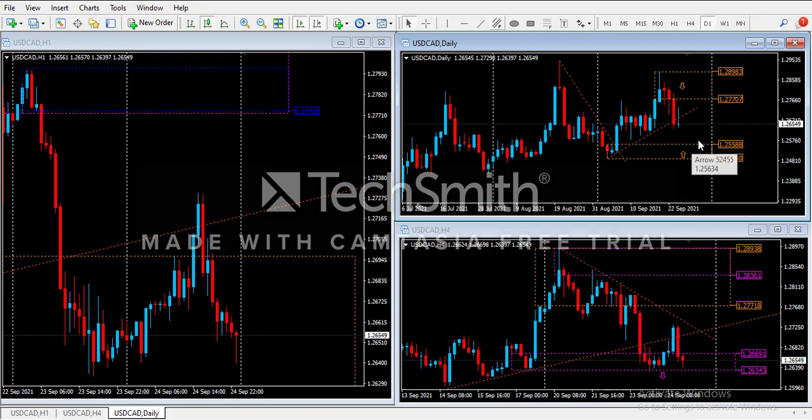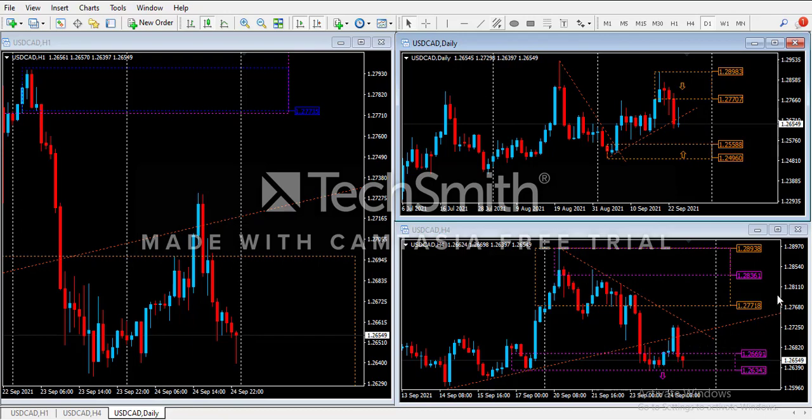The pair trades between supply and demand areas on the daily chart. So the price is in the middle between supply and demand area, and we are waiting for upward correction movement and then selling from the potential supply areas.